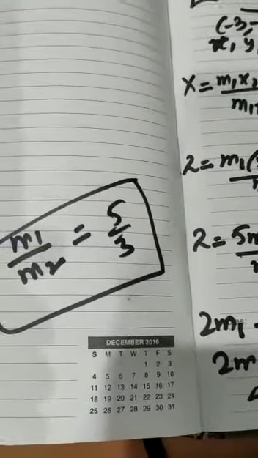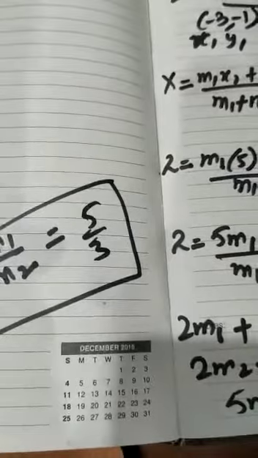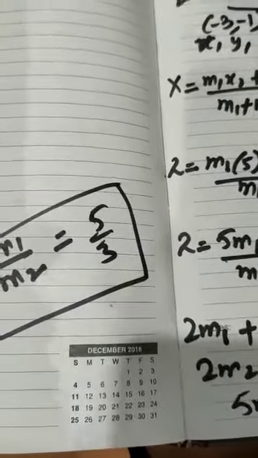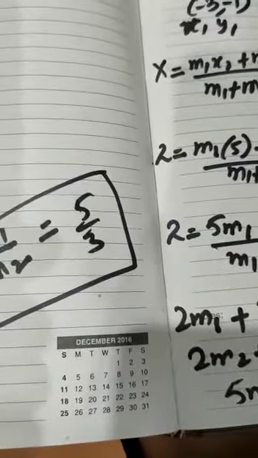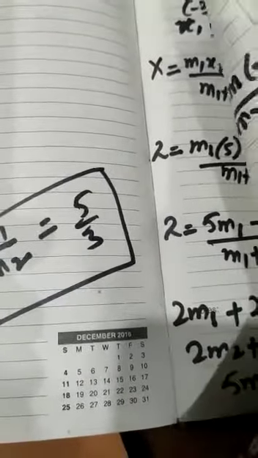So here this is your ratio. Now we have to find the coordinates of the point of intersection. The ratio is 5:3. Now we will solve the next part.